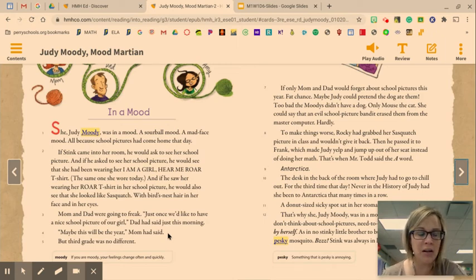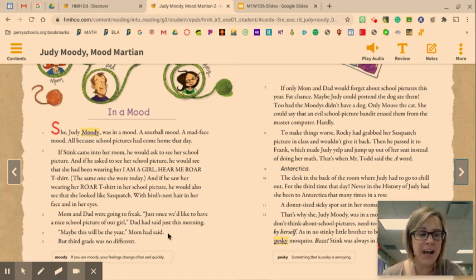And if he saw her wearing her Roar t-shirt in her school pictures, he would also see that she looked like Sasquatch with a bird's nest hair in her face and in her eyes. Mom and Dad were going to freak.